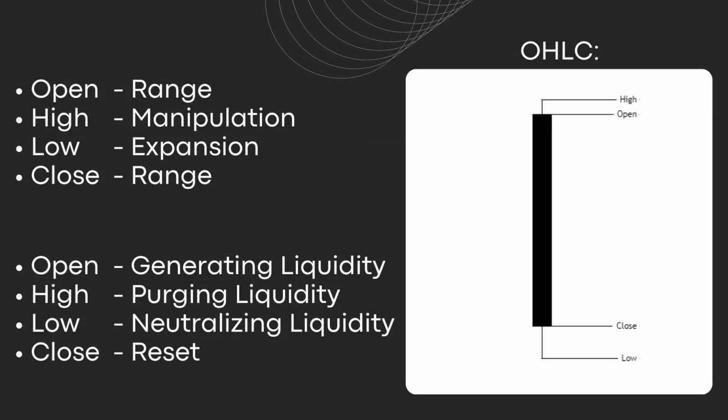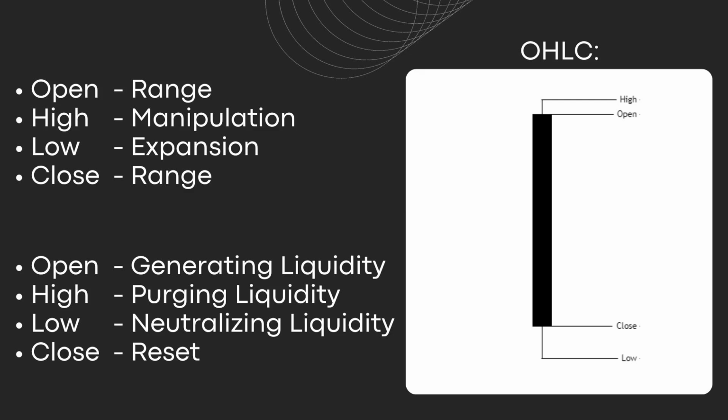Moving on, here we're going to discuss a classic sell candle or a bearish expansion candle, right? It has got all the same details and intricacies as the classic buy candle with just a few differences, right? So right here again, you can see the opening price acts as a range to generate or accumulate liquidity below a key level, and then price manipulates above to purge the liquidity to test a higher time frame key level and form the high of the candle, right?